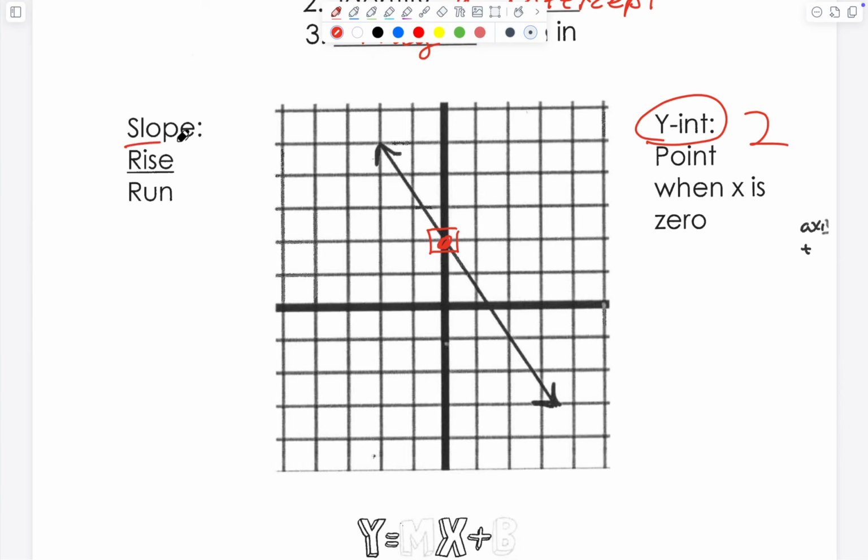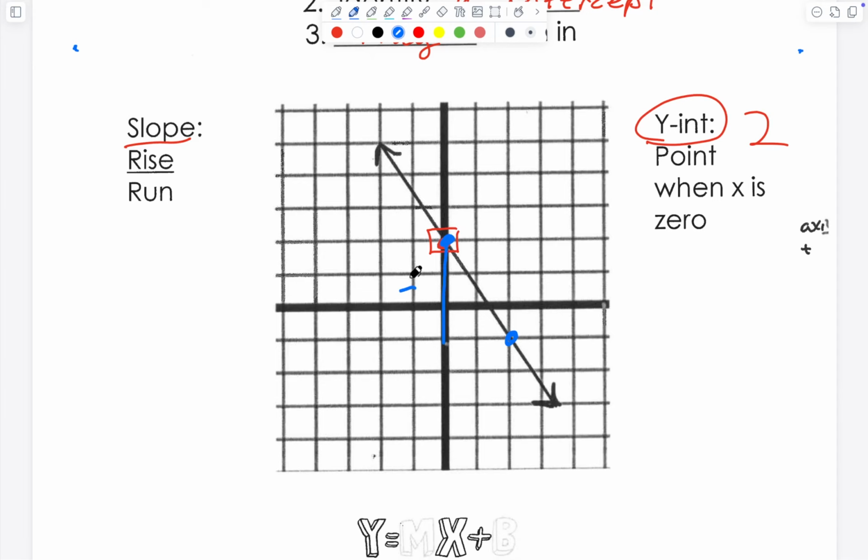You've also had to find the slope. So if we know there are 2 points here, this one's the obvious one, and then we go down this line and find the next point that's at one of the intersections where we're going to have whole numbers. So from this point, go down 3.